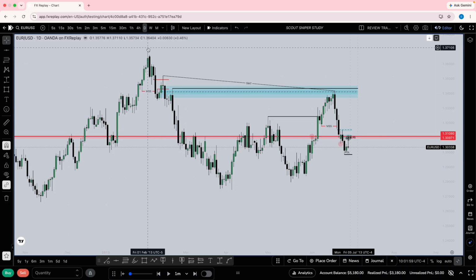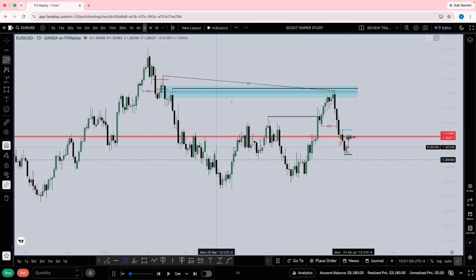This is the impulsive price range from this high to this low, this big movement down. Then price now is trading within the high and the low of this range.